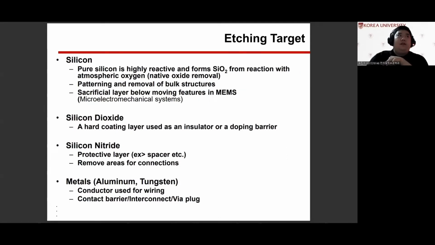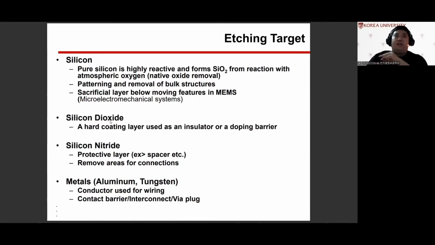There are some etching targets such as silicon itself, silicon nitride, and metals. For example, silicon itself is etched to make structures such as fins.